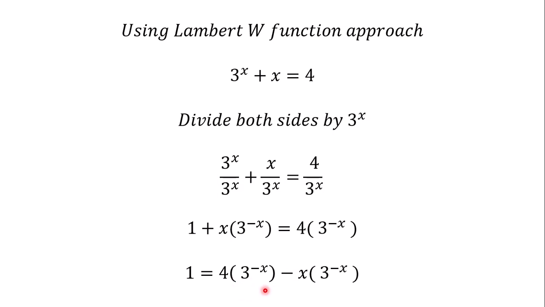Here, I'm just going to bring out 3 raised to the power minus x from this and this. You know, it is common on this side and it's common on this side. So we're just going to bring out 3 raised to the power minus x. And when we bring it out, we're just going to get 4 minus x multiplied by 3 raised to the power minus x, and that will be equal to 1.